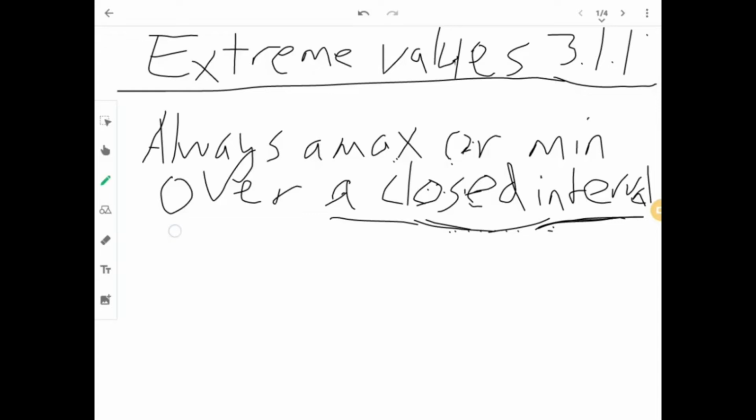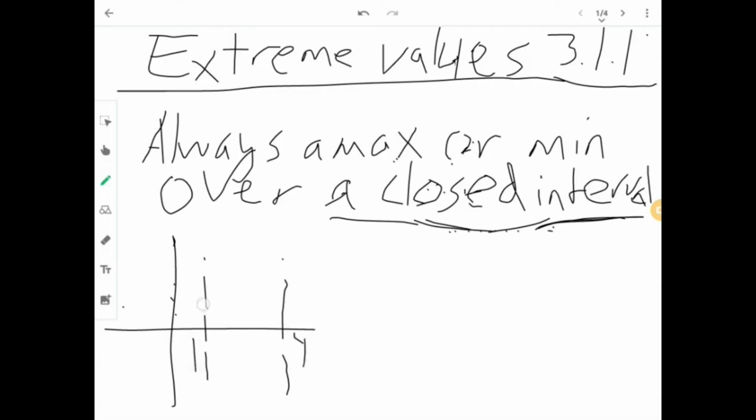For example, if you have this, sorry, I should have drawn that better. Then you have the interval, let's say 4 and 1.